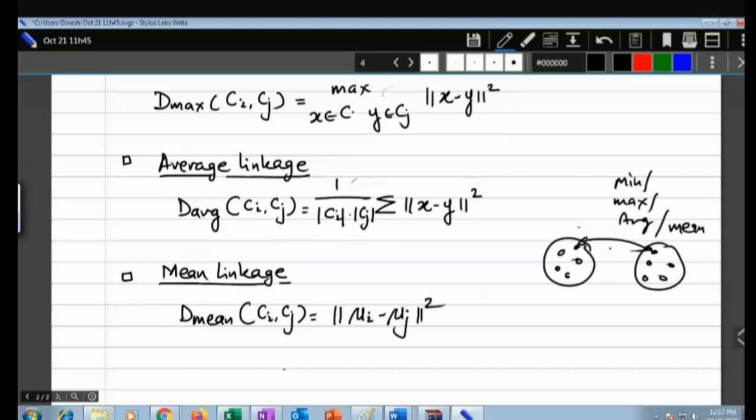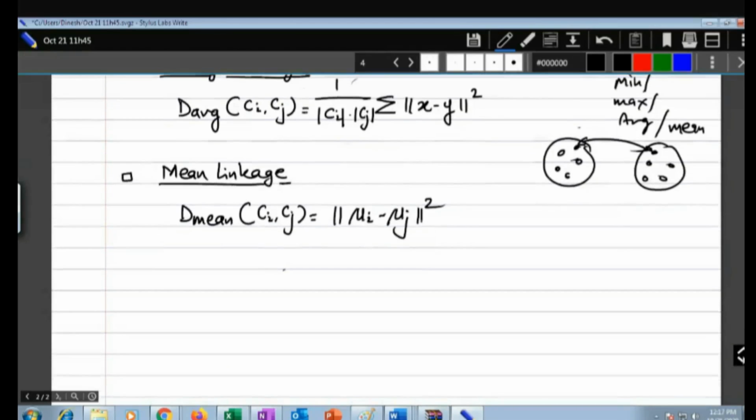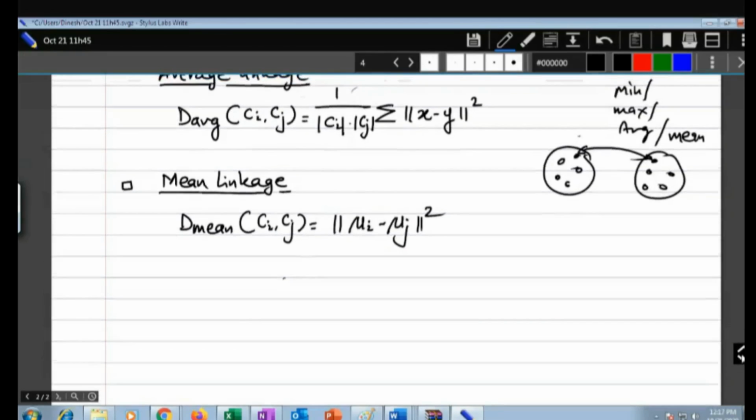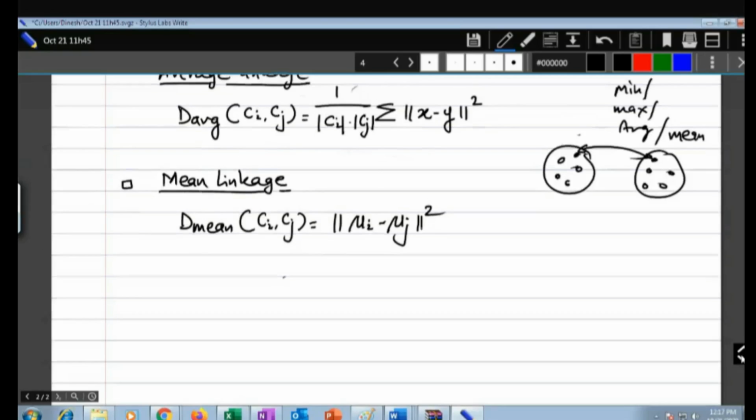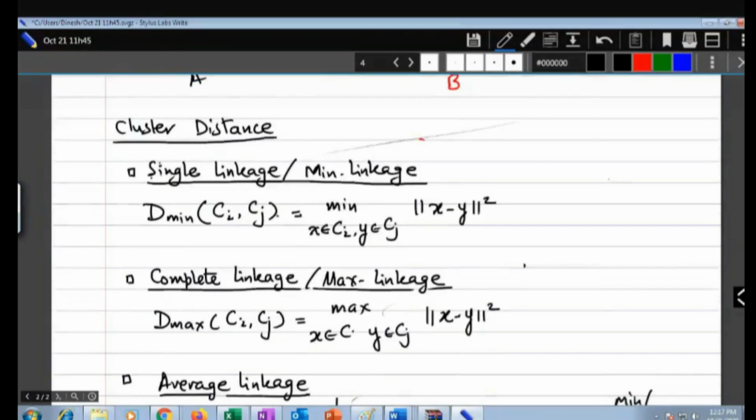When you are asked a problem, you will be given the data points and asked to find the distances with the given cluster distance model. For example, you may be asked for single linkage, or max linkage. So these are the fundamentals of agglomerative clustering.